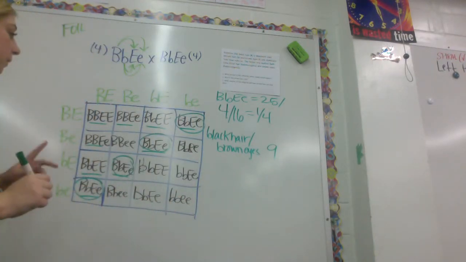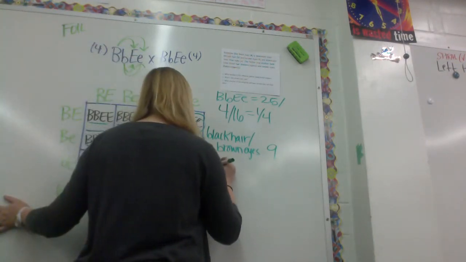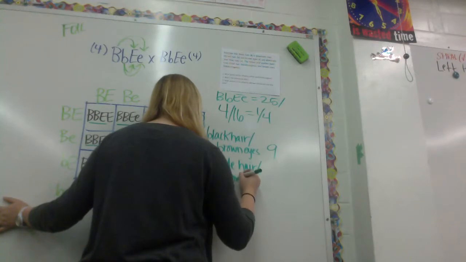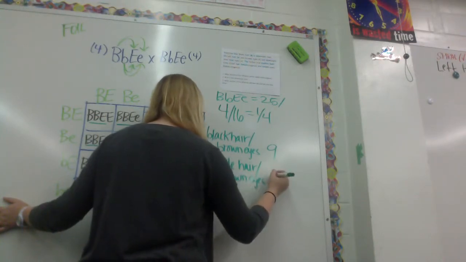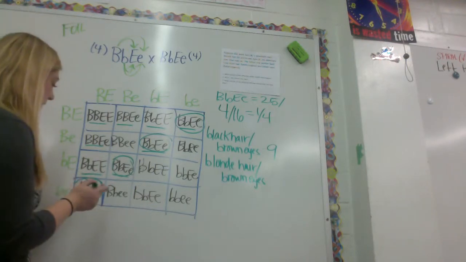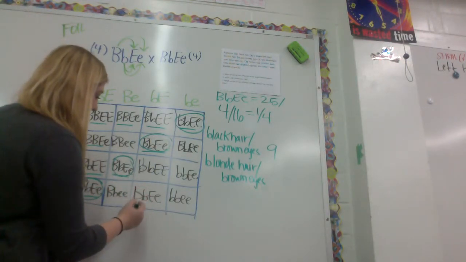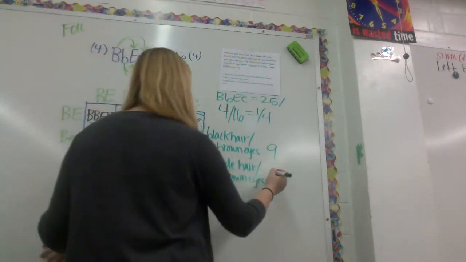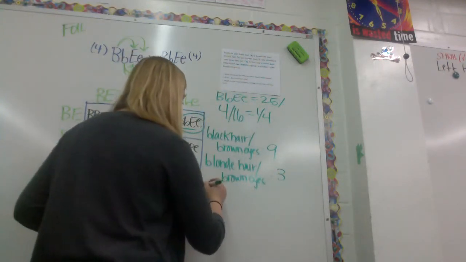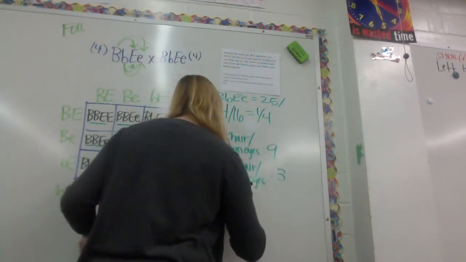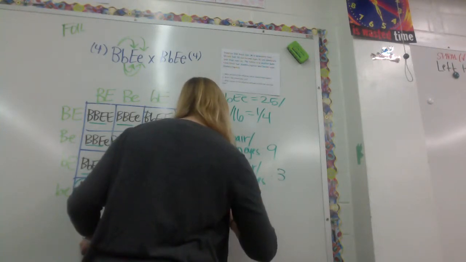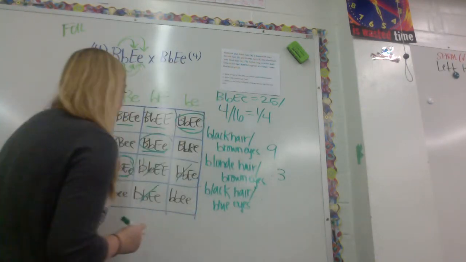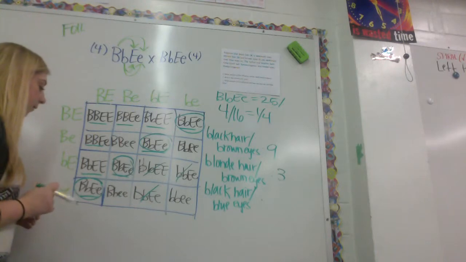The next thing we'll be looking for is blonde hair, brown eyes. So we need to have little b's and big E's. Then we'll do black hair and blue eyes, which will have a capital B and then lowercase e's.